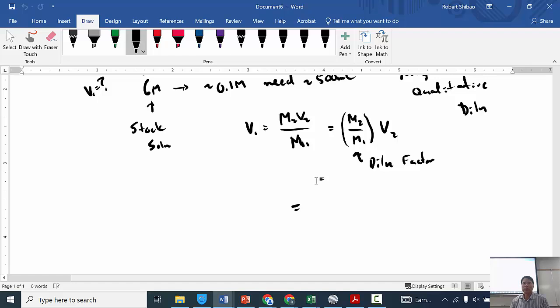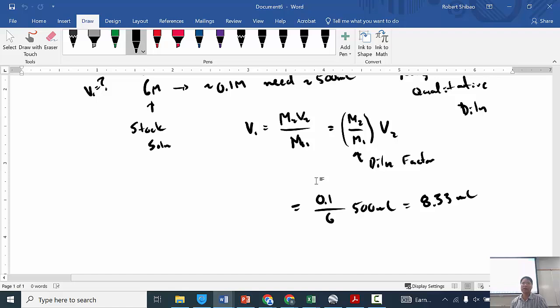M2 is 0.1, M1 is 6, and we want 500 milliliters. The molarity cancels. How many milliliters is this? Give me one more digit. Now we're only allowed 1 sig fig here, and so it's about 8 milliliters.